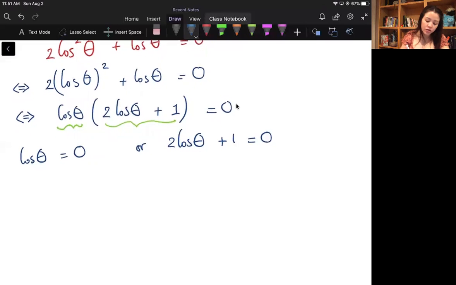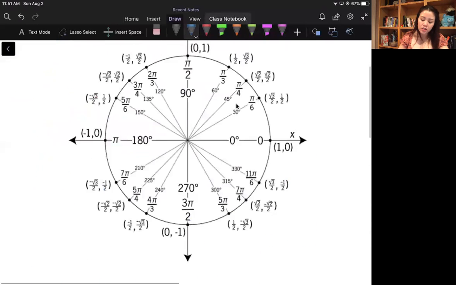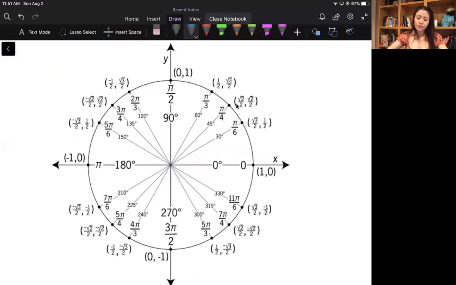Cosine theta equals 0 when, if you look at the unit circle, which I added here for you, from the interval 0 to 2 pi, cosine theta is equal to 0 at where? Remember, cosine theta is your x value. So I see here and here between 0 and 2 pi.